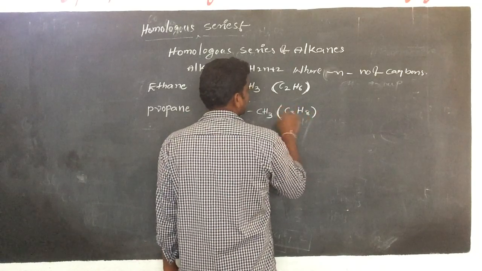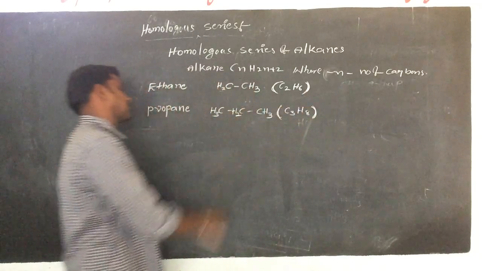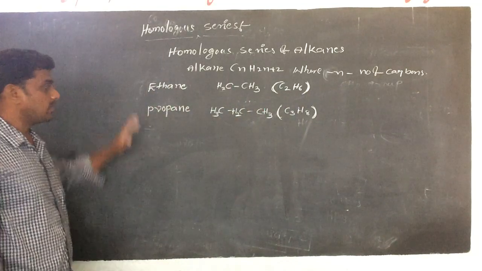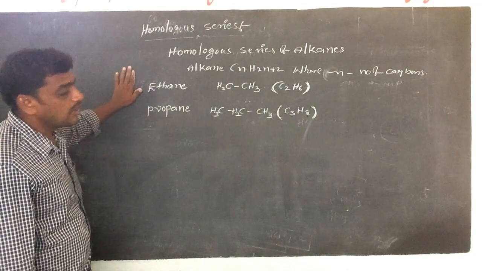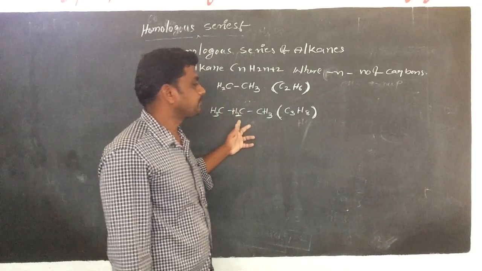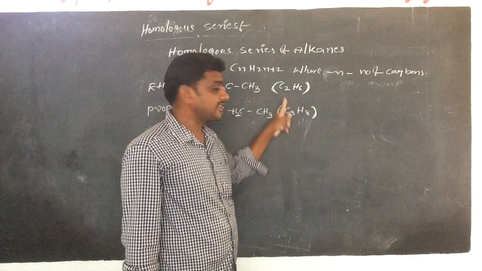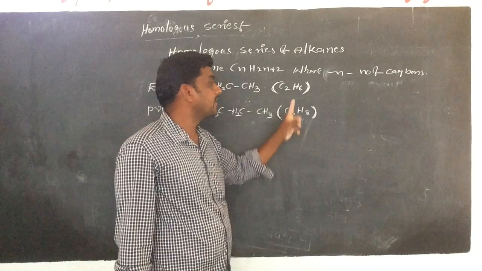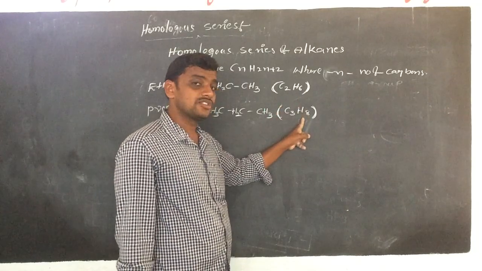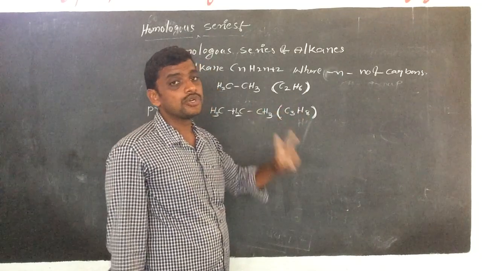The general formula is C3H8. What is the difference between the two compounds? These two are successive compounds, yes or no? One has 2 carbons, the other has 3 carbons, so 1 carbon is different. One has 6 hydrogens, the other has 8 hydrogens, so the difference is 2 hydrogens.